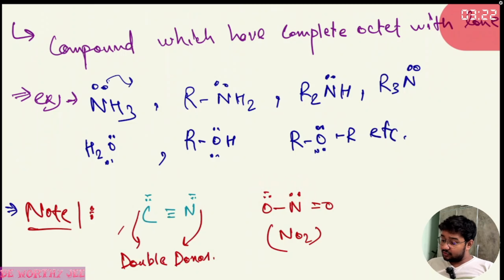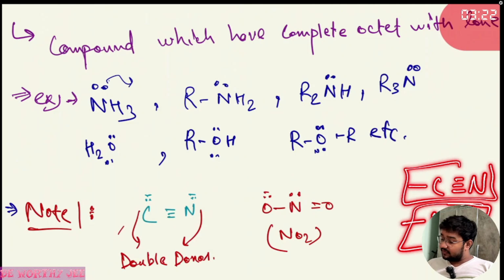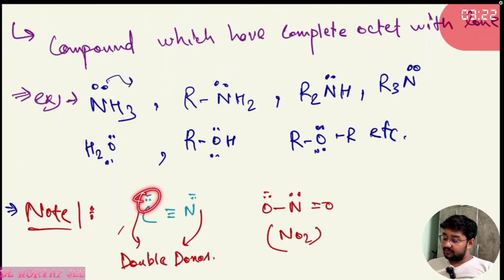This can bond with two different sides. This can bond with two different sides. So we will see in the compound that C triple bond N will form, or N triple bond C will form. This will matter because these have two different sides to donate.